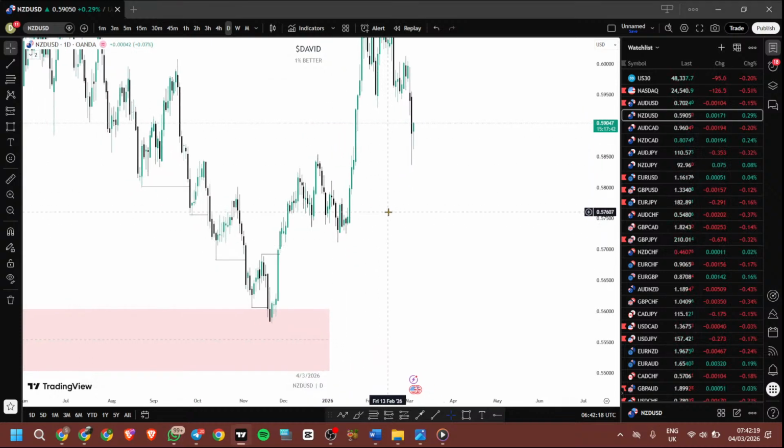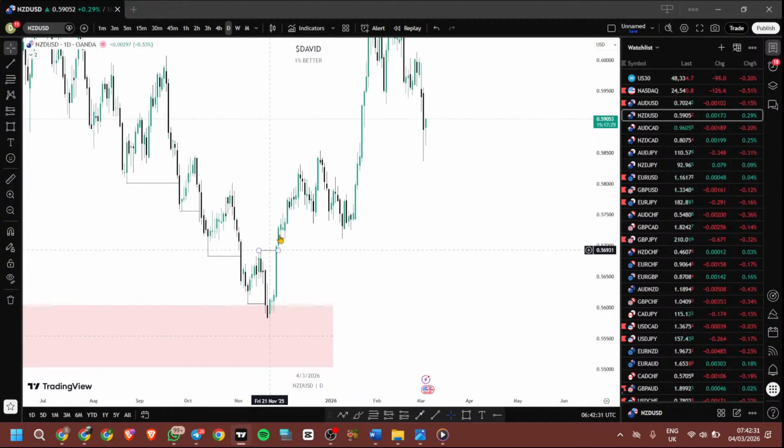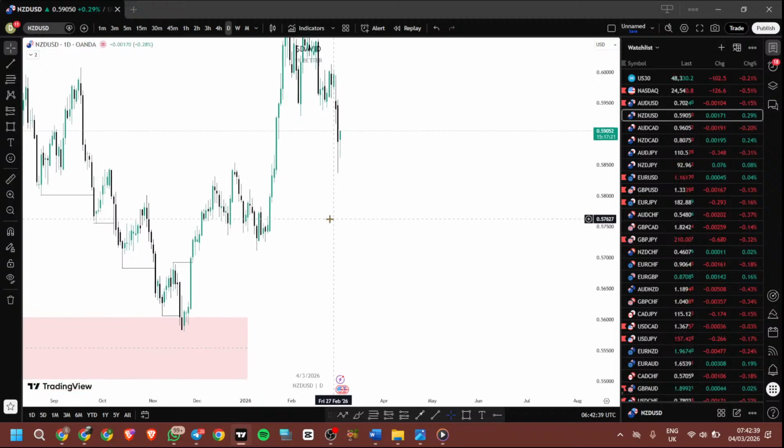Sorry about that. So this was where price made a shift to the upside, an impulsive shift, right? And price kept on flying.